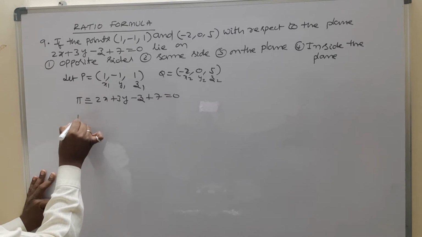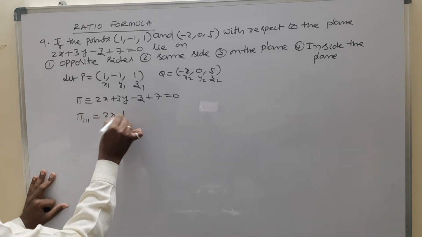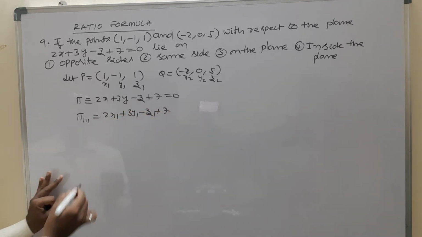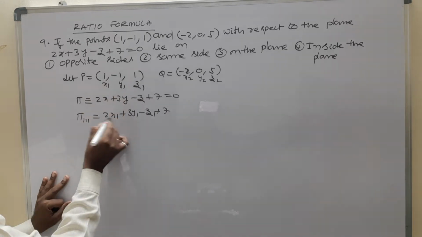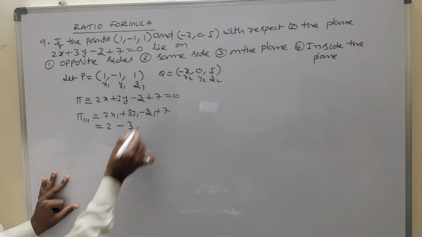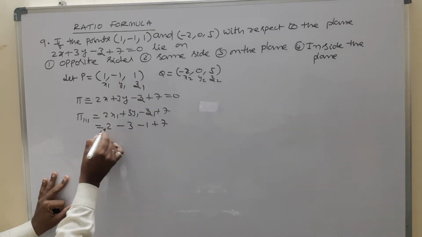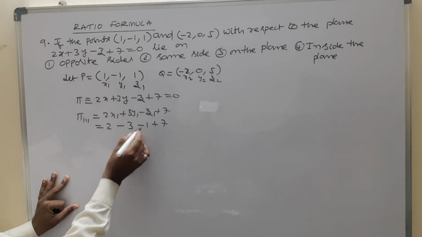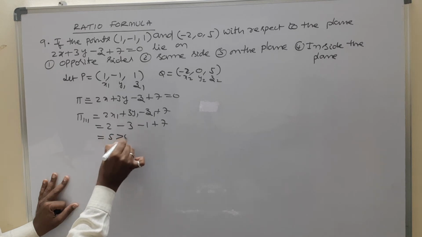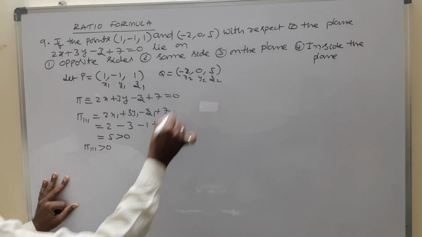To find pi of P: pi11 = 2x1 + 3y1 - z1 + 7. Apply the values: x1 is 1, 2 into 1 is 2, 3 into -1 is -3, z1 equal to 1 so -1, plus 7. 7 + 2 = 9, 9 - 3 - 1 = 5. So 5 is greater than 0. Here pi11 is greater than 0.